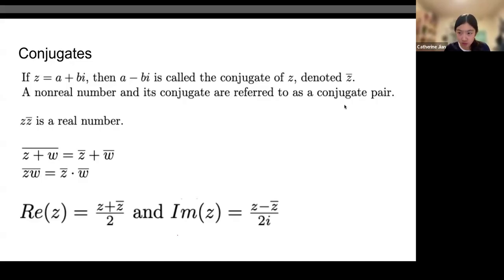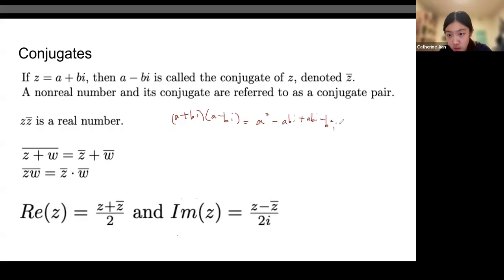So z times its conjugate is always a real number, and we can see why. Let z equal a plus bi, and then its conjugate will be a minus bi. If we expand this, we get a squared minus abi plus abi minus b squared i squared.